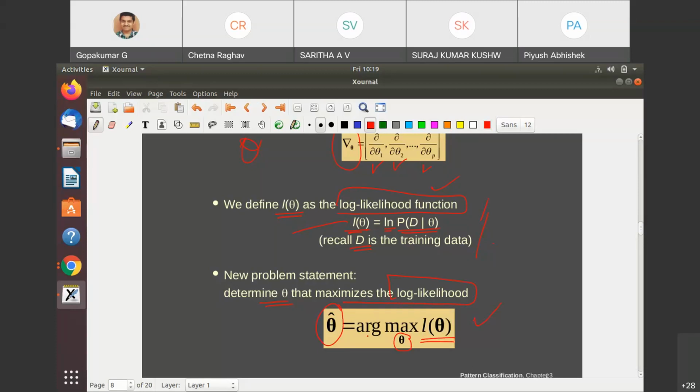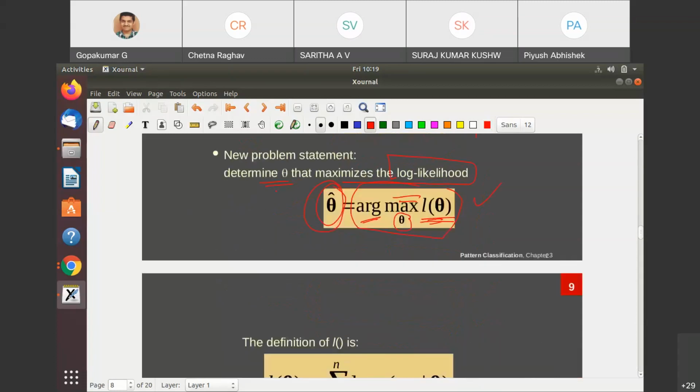So that is the argmax function: argmax over theta of L of theta. This function will return the theta that maximizes L of theta. That is the theta cap that will be used for further analysis. Using that theta cap only we will be finding the decision boundaries, that is, the discriminant function values. So that is the idea of the best value.